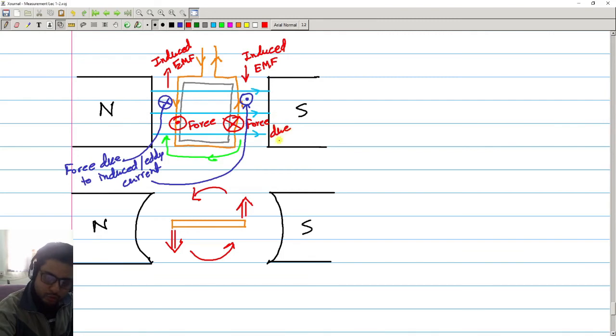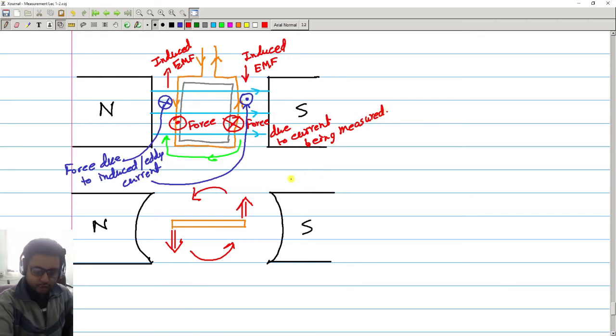So what do we notice here? We notice that the force due to the original current was trying to move it in this direction. So the coil will start to move in anti-clockwise direction. This will be the direction of motion.